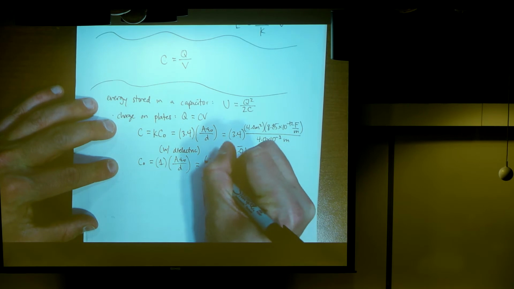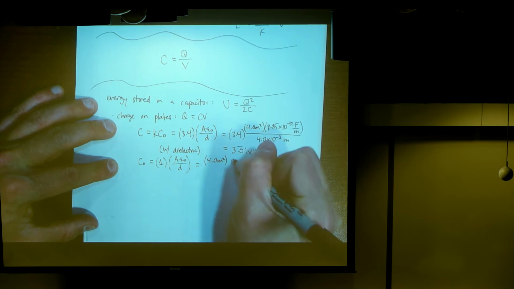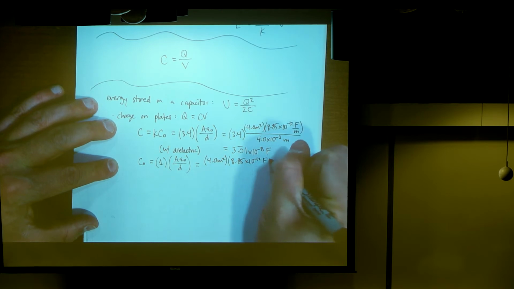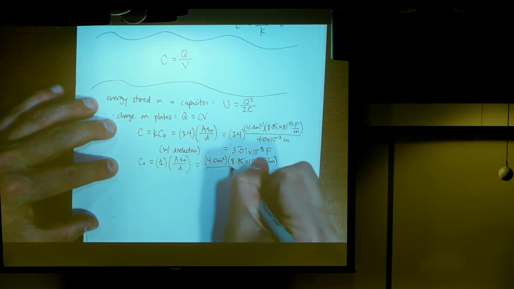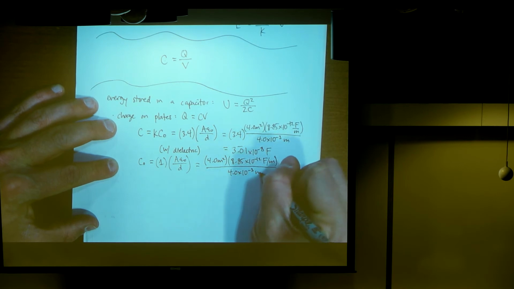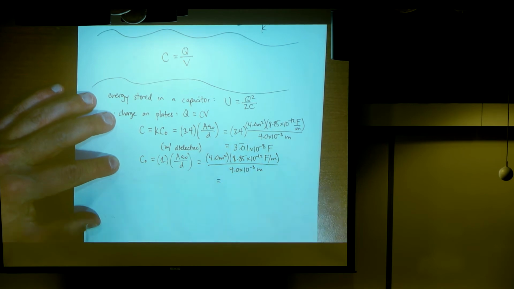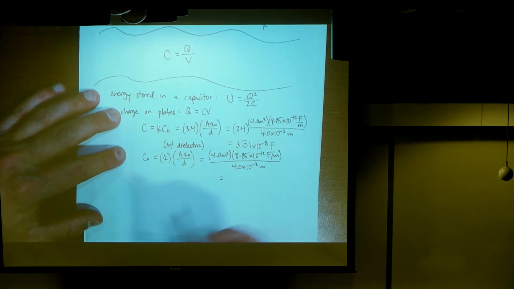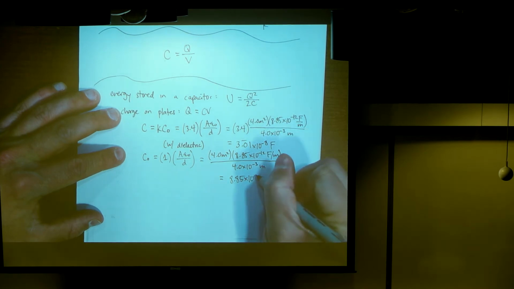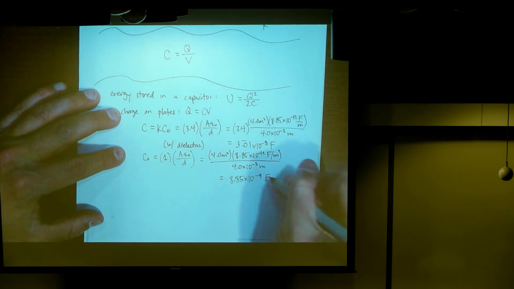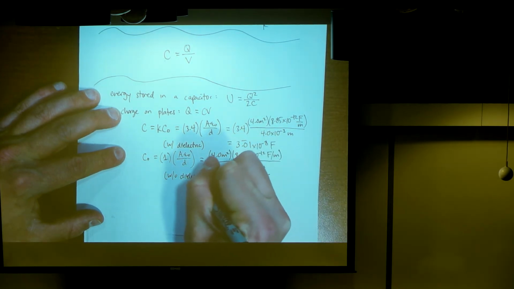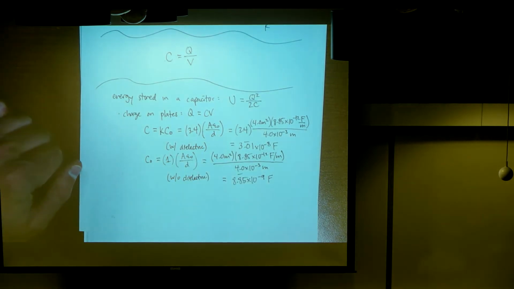So in this case, just think of this as 4 square meters times 8.85 times 10 to the minus 12 farads per meter, divided by 4 millimeters, which is 4 times 10 to the minus 3 meters. So this comes out to 8.85 times 10 to what power? 10 to the negative 9 farads. And just to be clear, this is without the dielectric. Okay?